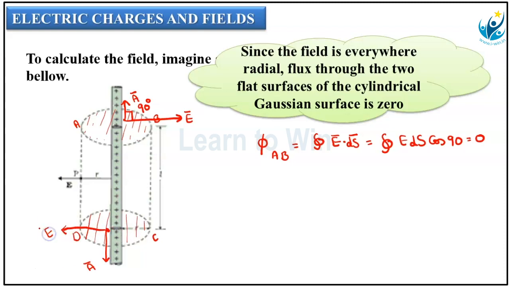This is E bar. Again for the CD surface also, A bar and E bar are perpendicular to each other, making an angle of 90 degrees. Hence, the flux through the CD surface is also equal to 0. Means for the two flat surfaces AB and CD, the flux becomes 0.